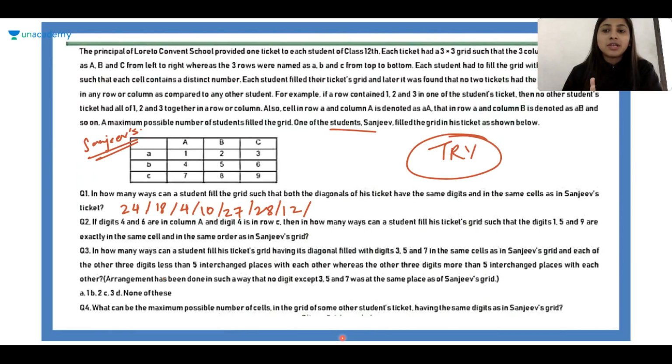I don't think it will be like 24, 28, 27 are too large numbers. Check it again, those who have got anything greater than 10. 10, 12 might still be acceptable. Let's see.